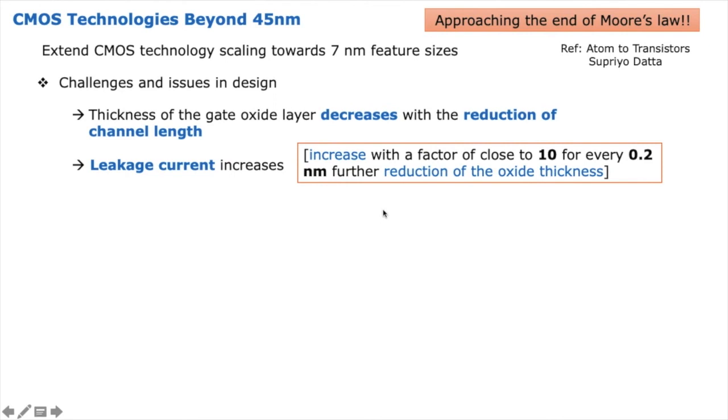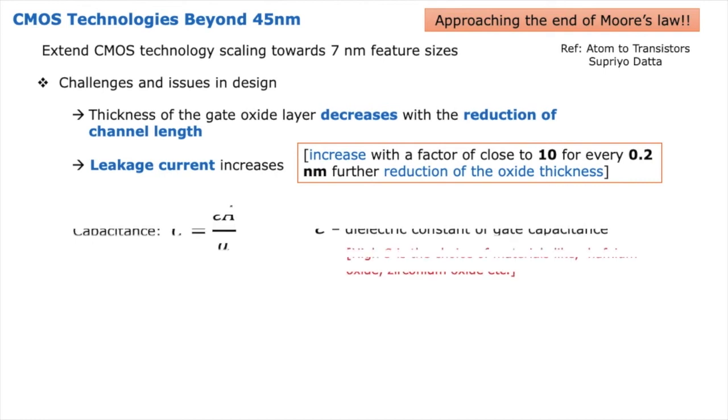Typically the leakage current increases by a factor of close to 10 for every 0.2 nanometer of further reduction of the oxide layer. So if you just decrease the thickness of the oxide layer by 0.2 nanometer, the leakage increases by 10 times, right? That's huge. So that's the major problem: you can reduce the channel length, but how do you grow a gate oxide layer that is going to be very thin, when leakage current increases?